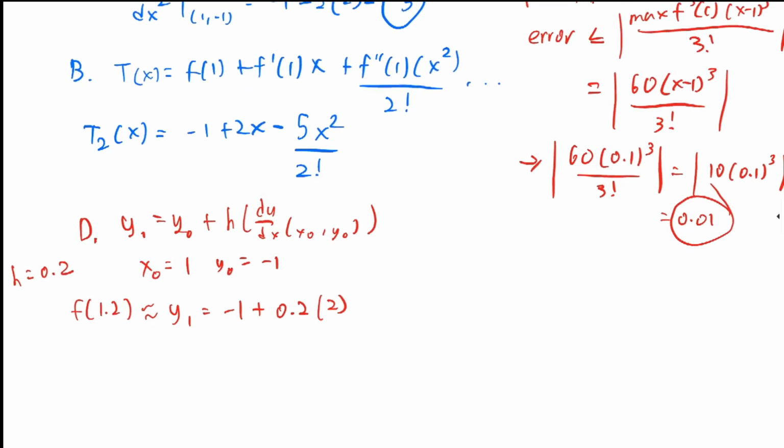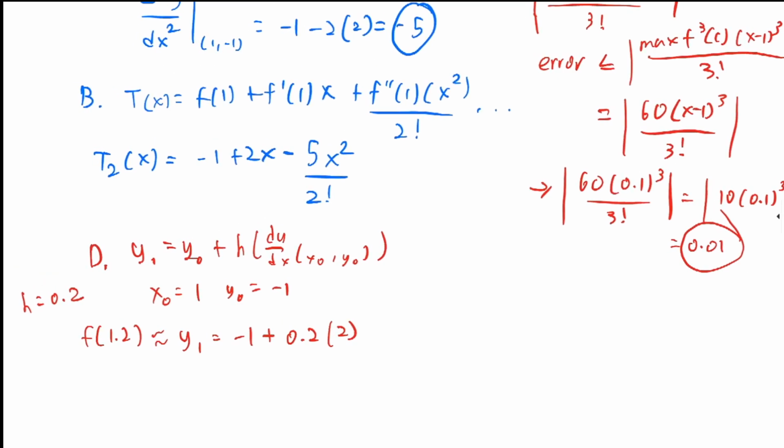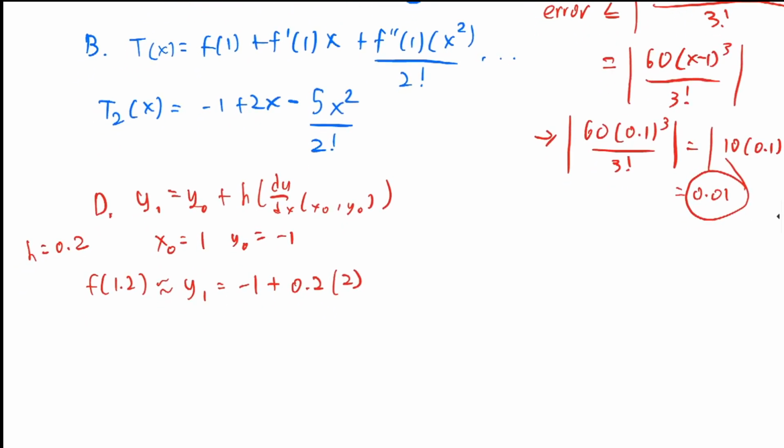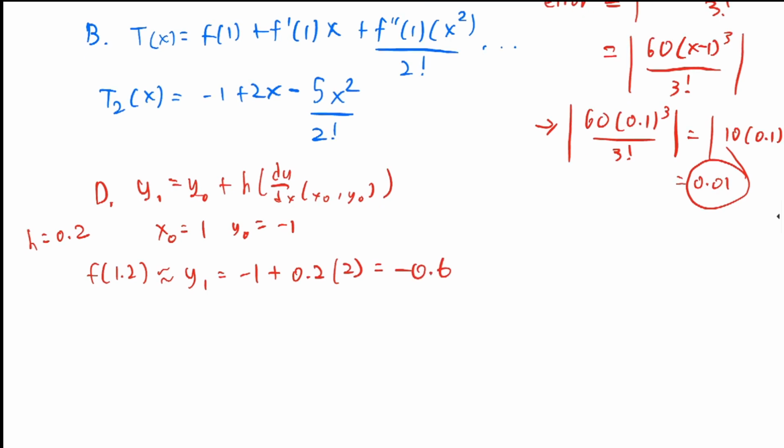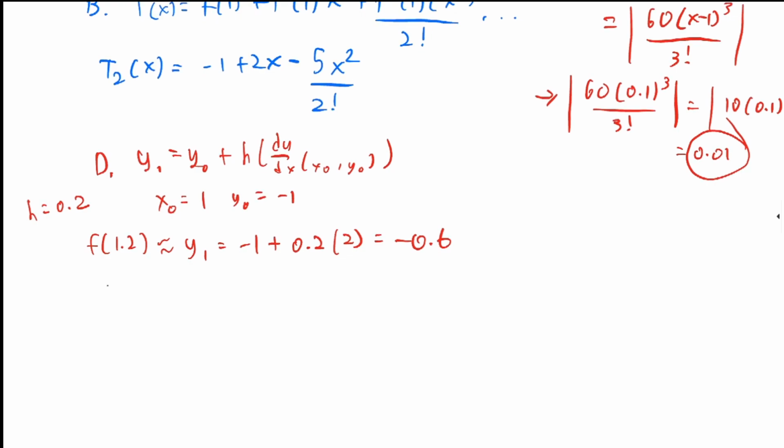So the derivative at 1 comma negative 1 was 2, which is just equal to 0.4 minus 1, so negative 0.6 is our first movement. So now we know that x sub 1 is 1.2, and y sub 1 is negative 0.6.